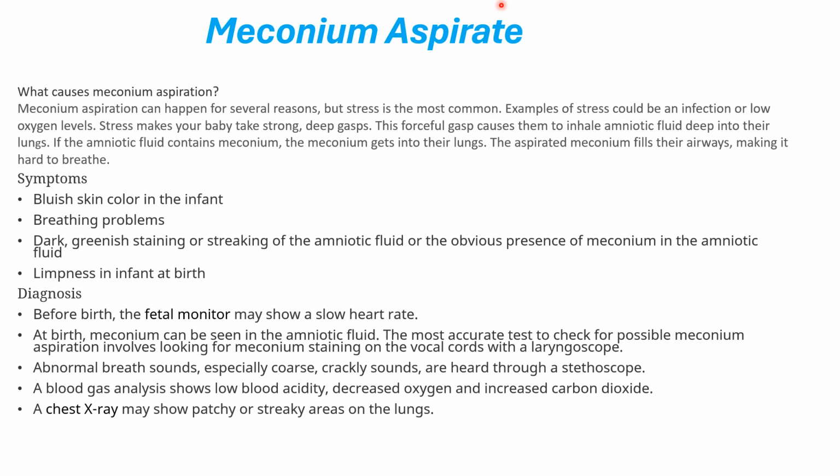And last but not least, it will cause pulmonary hypertension. And the pulmonary hypertension, as you already know, will cause vasoconstriction of pulmonary vessels, which will lead to right to left shunting across foramen ovale and ductus arteriosus.